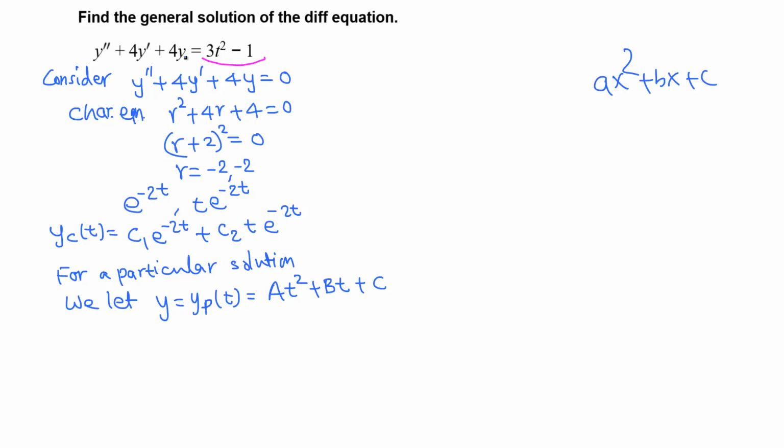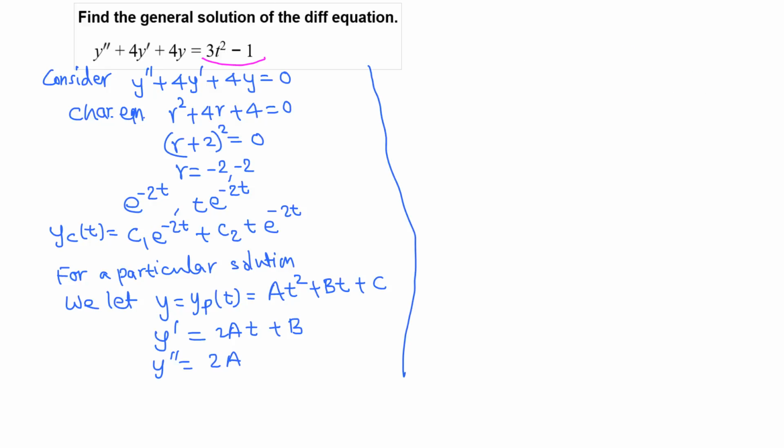So this is y. Now we plug this into the original equation. Look at this, we have y, y prime, y double prime. So let's find y prime and y double prime. The derivative y prime is just 2At plus B, and y double prime is just 2A. Okay, now plug these into the original ODE.